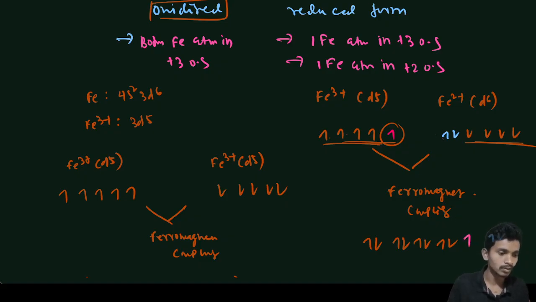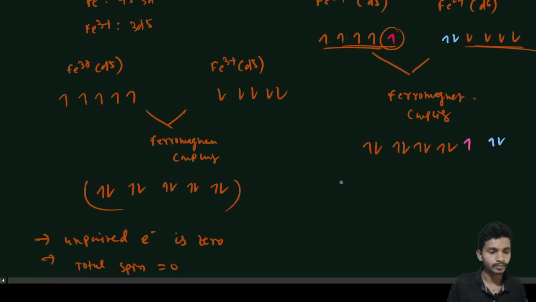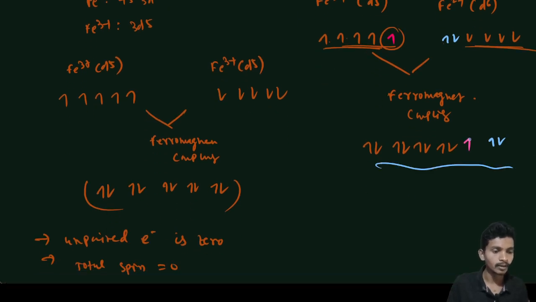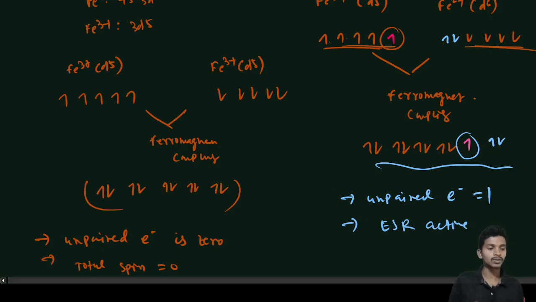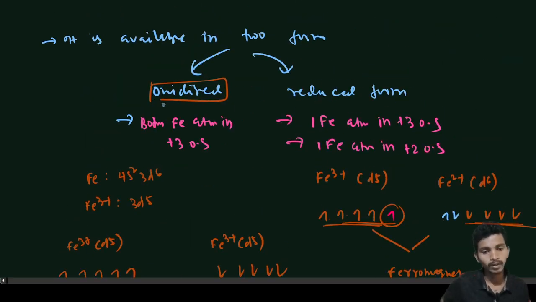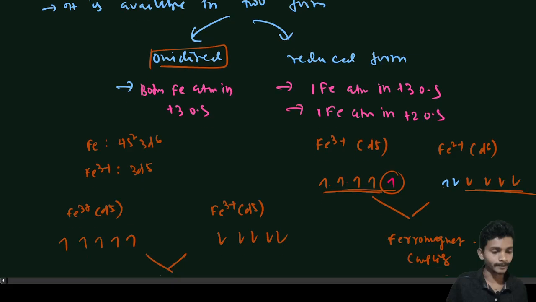So here an unpaired electron is present, so unpaired electron is equal to 1. Okay, and so this is ESR active. So in reduced form, Fe2S2 is ESR active.